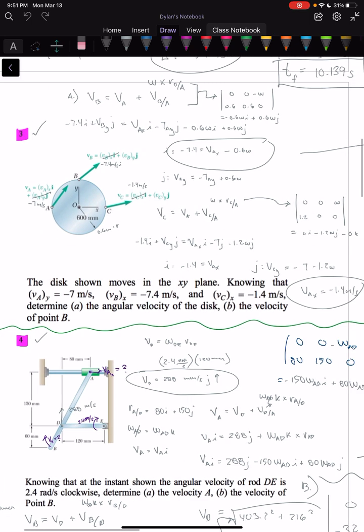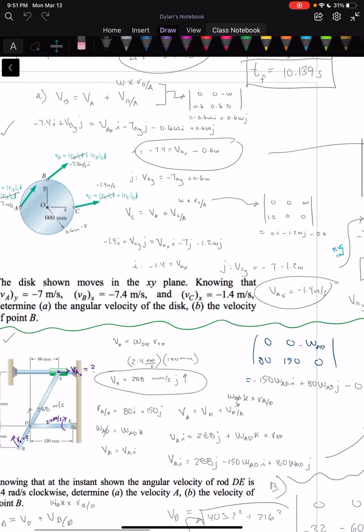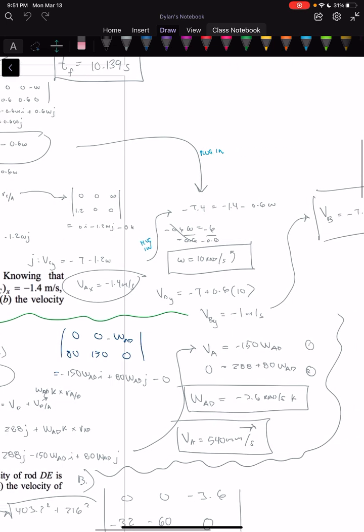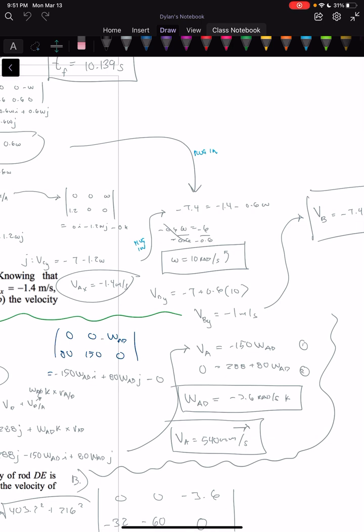With the left side, we were able to get our x component. And then from that point, there are enough knowns that we know the x component of our velocity at point A, and we're able to plug that into the previous i equation above that's circled, and that allows us to find our total angular velocity.